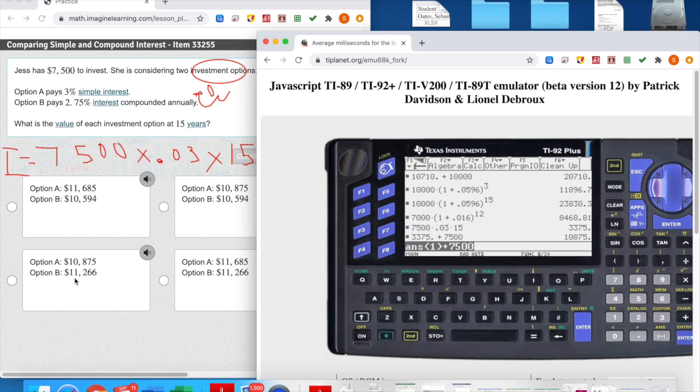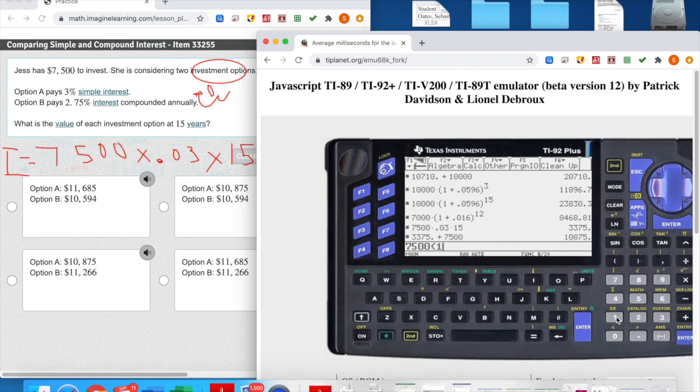But now we have to find out what option B will pay. So our principal, we're just going to go ahead and plug this in. So our principal is 7,500. So now we're doing compound interest.